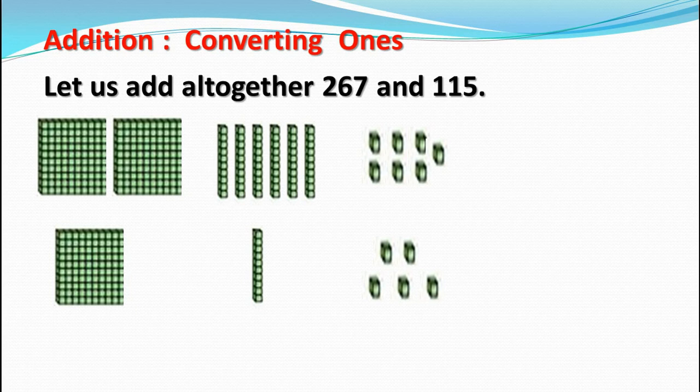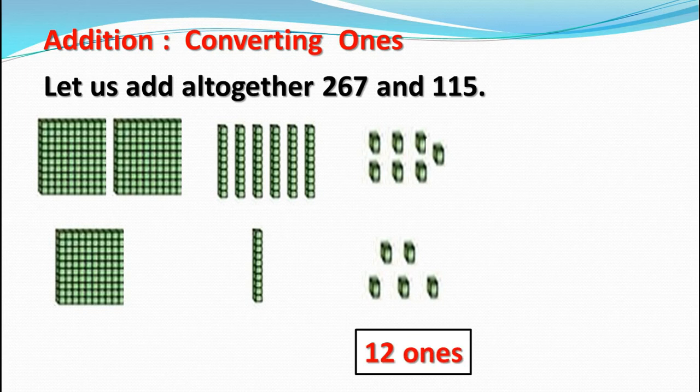Now add them all. Start with ones. First there are 7 ones, then 5 more ones. So how many ones are there altogether? Yes, 12 ones. Now add tens. There are 6 tens and 1 more.